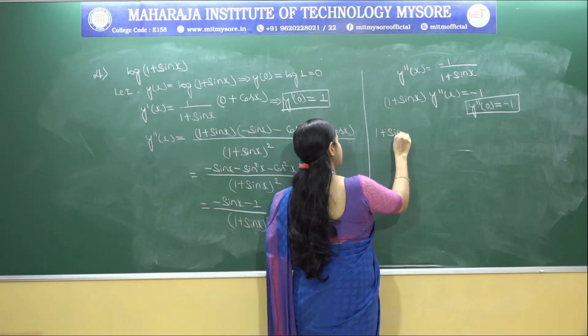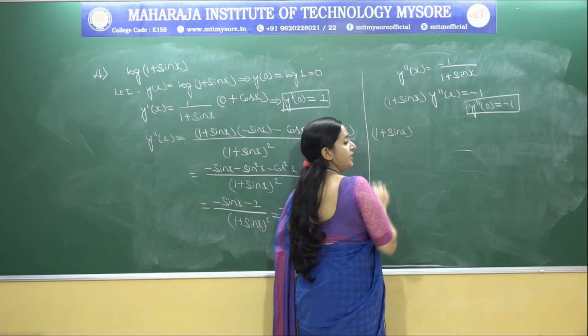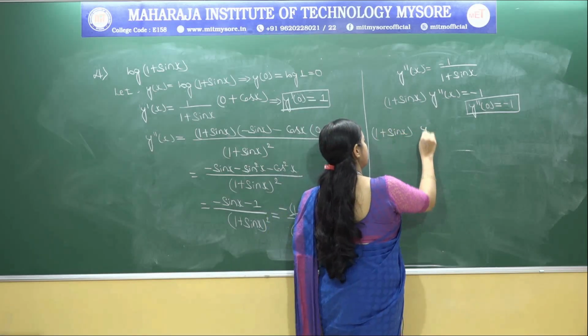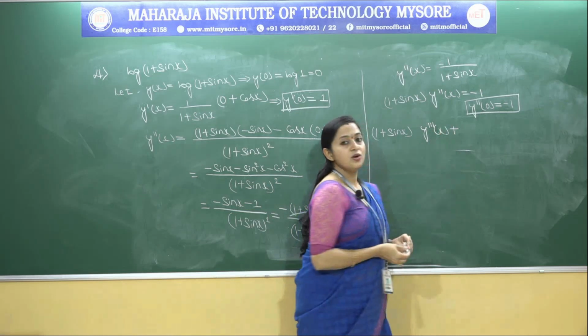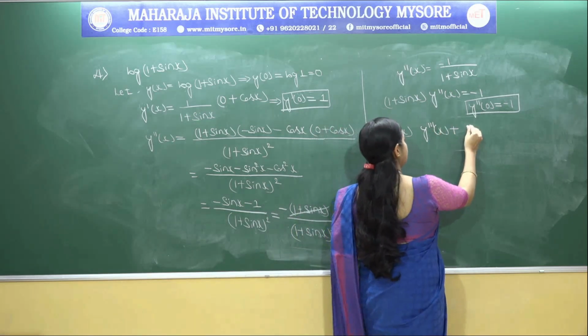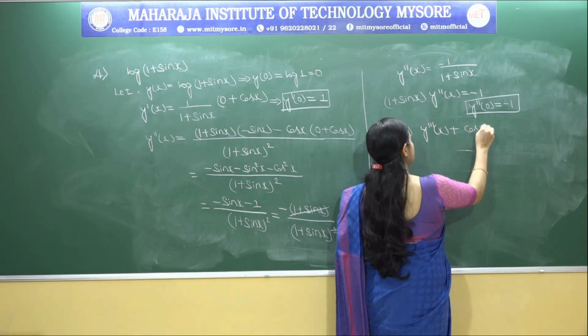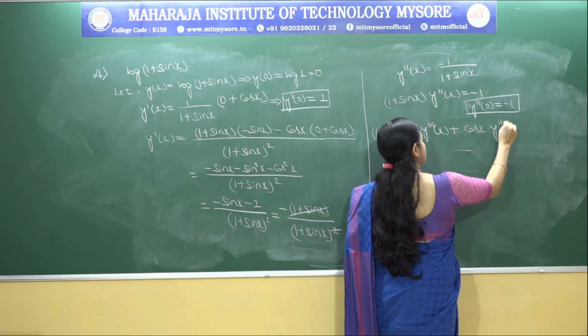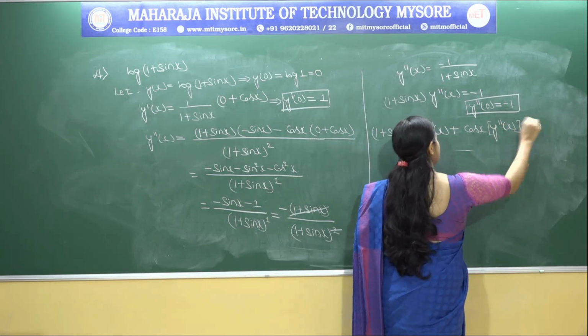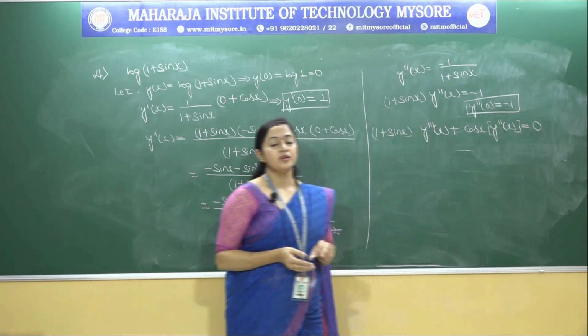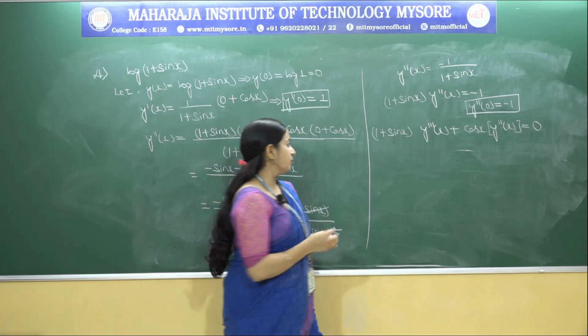First term 1 plus sin x, y double dash of x differentiation, third derivative of x, plus 1 plus sin x, the differentiation is cos x. Keep the second derivative of x as it is, minus 1 differentiation 0. Then check the third derivative.